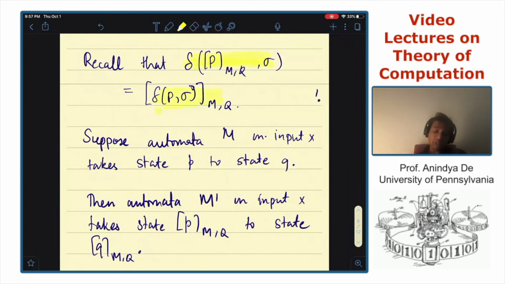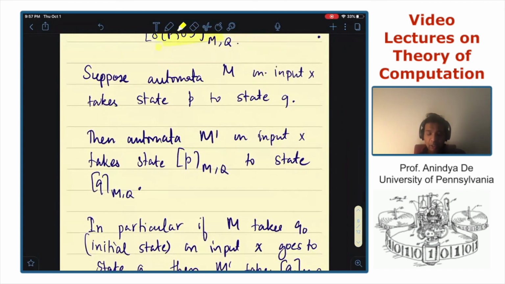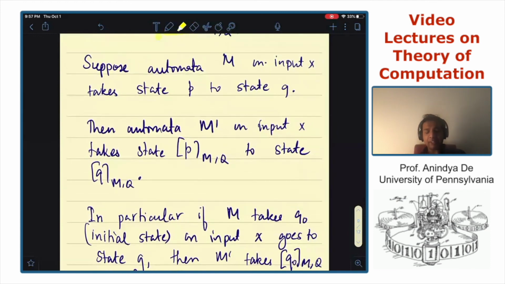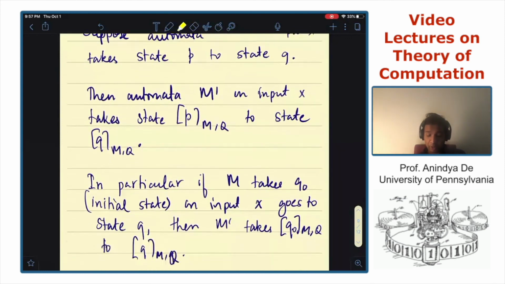Now suppose the automaton M on input x takes a state p to state q. Then it is not hard to show that the automaton M' on input x, if it starts with the state corresponding to the equivalence class of p, will go to the state corresponding to the equivalence class of q.